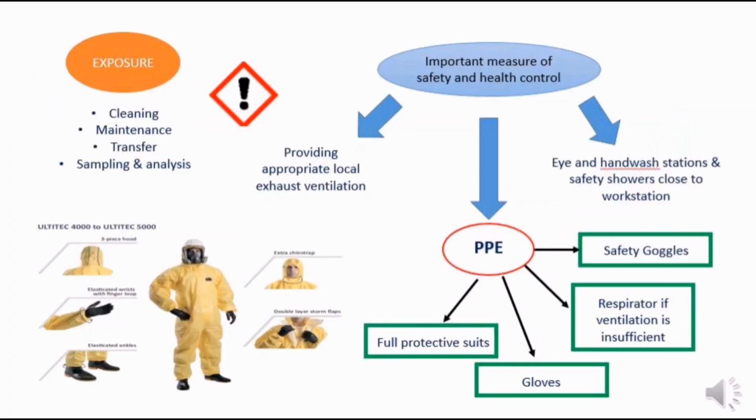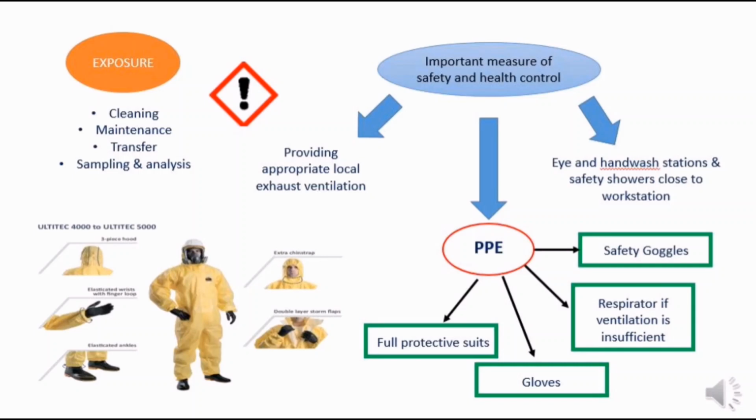Exposure to acrylic acid might happen during processes which involve cleaning, maintenance, transfer, or sampling and analysis. Among the important safety and health control measures during the handling or production of acrylic acid, firstly is providing appropriate local exhaust ventilation. Secondly is to provide eye and hand wash stations as well as safety showers close to the workstation.